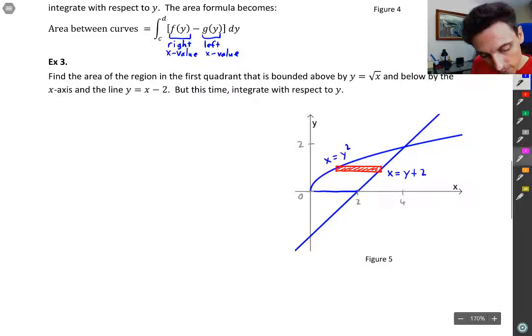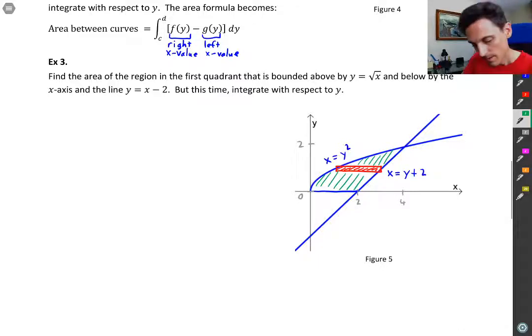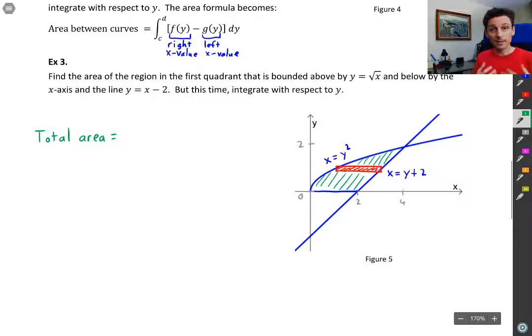Okay, so now we're looking for this region here. I'll just use green to represent that whole region. So the total area can be set up in a single integral. It'll be the integral from 0 to 2.